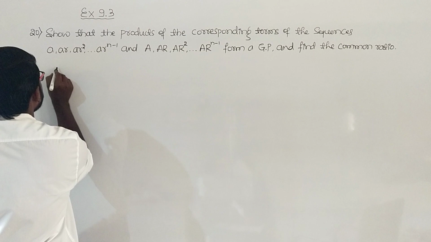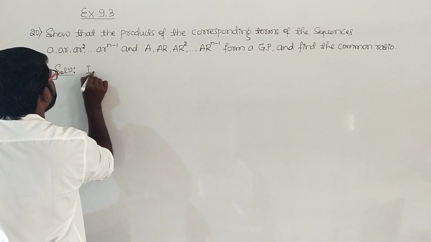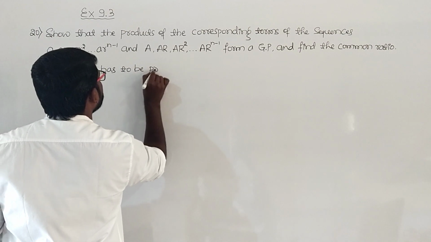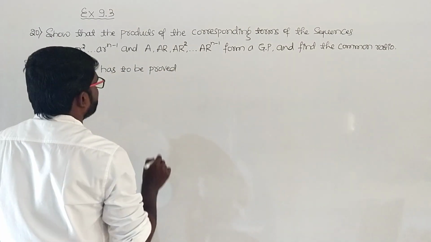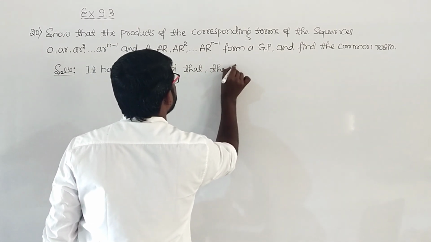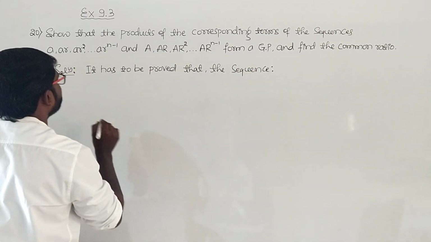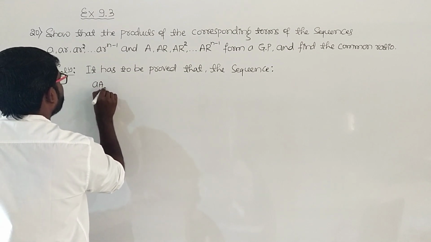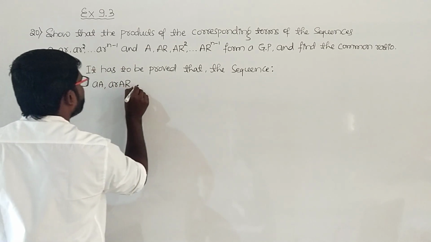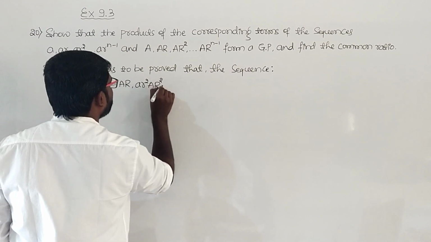So here it has to be proved that the sequence, I'll write the sequence now: a into capital A, ar into capital AR, and then the next term is a into r square, here capital A into capital R square, and so on.